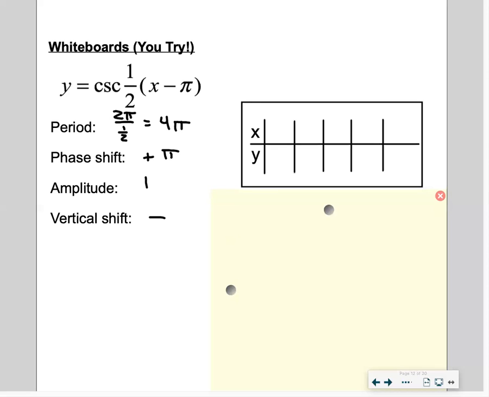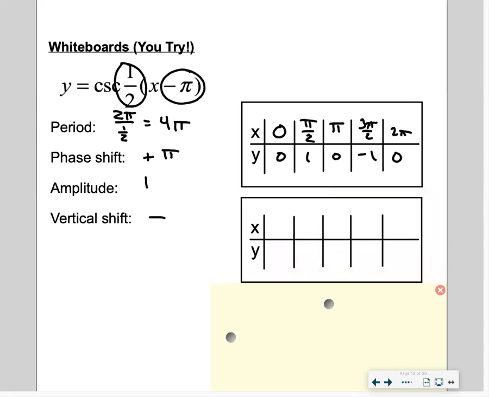You want to start with a sine. Then you want to divide everything by 1/2 and add pi. So if you divide by 1/2, that's like timesing by 2.